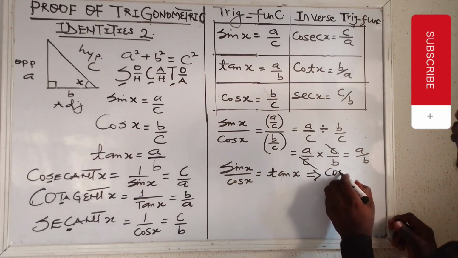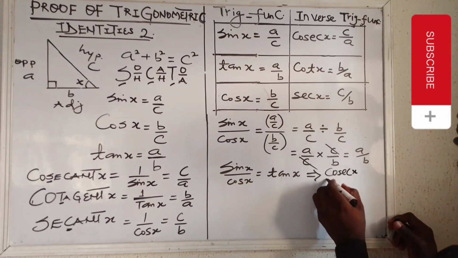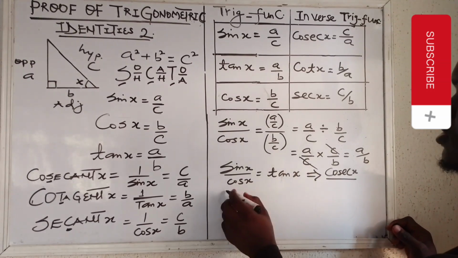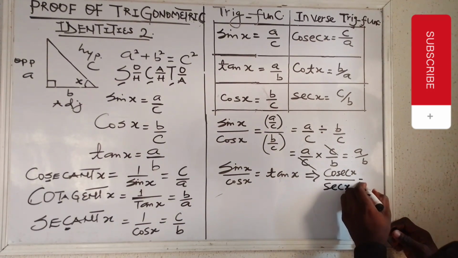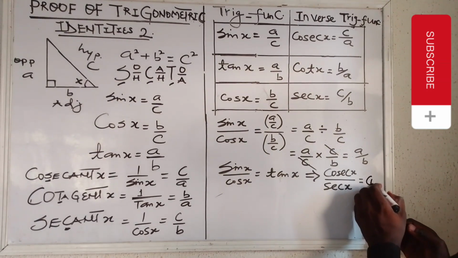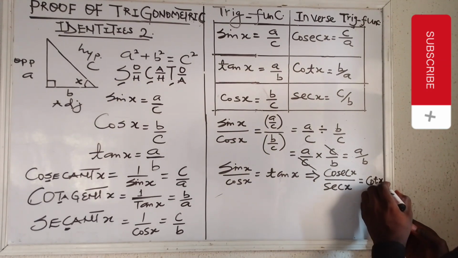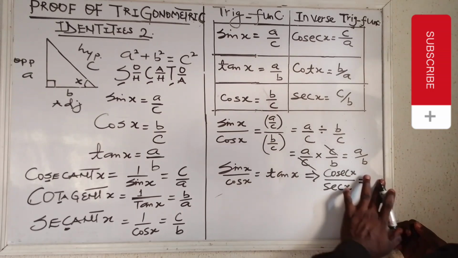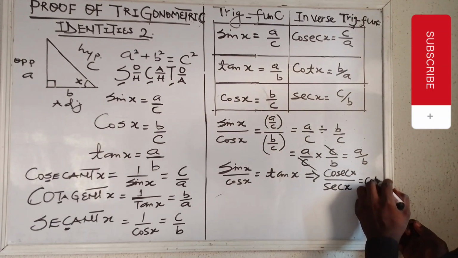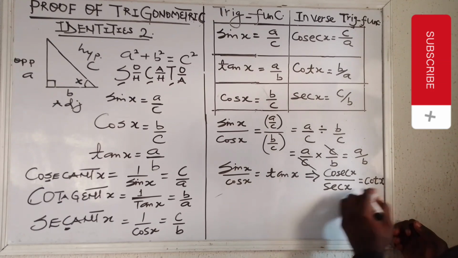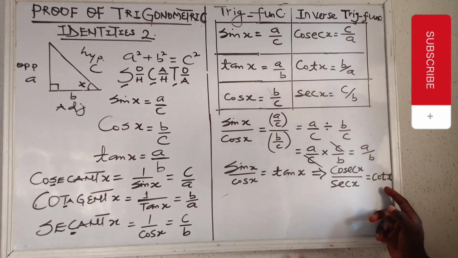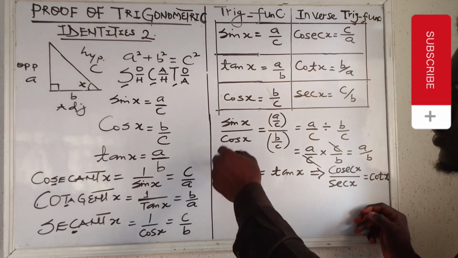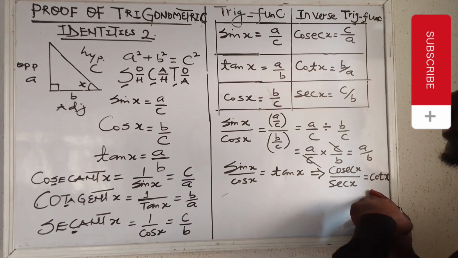So we can also say that cosec x divided by the inverse of cos, that is sec x, must also give you the inverse of tan, which is cotangent x. So cosec x divided by sec x is the same as cotangent x. That's what was transferred to this place.